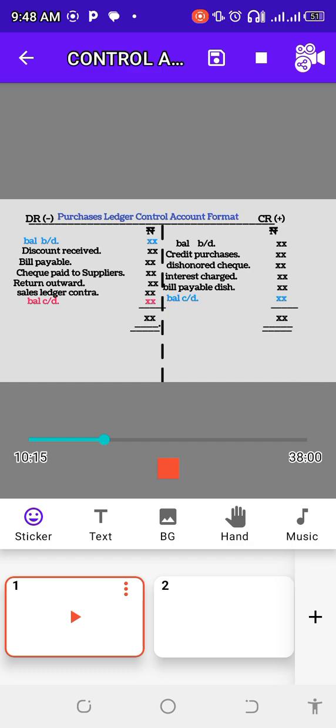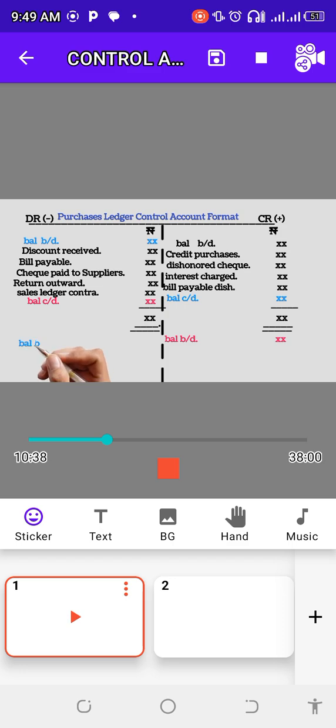The balance brought down on the debit side will be as a result of overpayment, or purchases return. For instance, the balance brought down by the credit side now is the actual total of payable in this period. That's the balance brought down by the debit side, in red color.